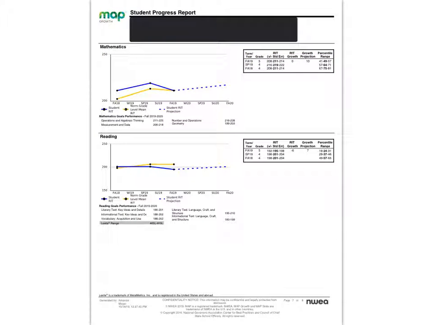Now I'd like to go through some of the more strange trends you might see in student data in case parents have questions about these. One of the trends you might see, in particular a lot of elementary students, is a summer drop in scores. So between the spring of 2019 and the fall of 2019, the students' scores may have gotten lower.